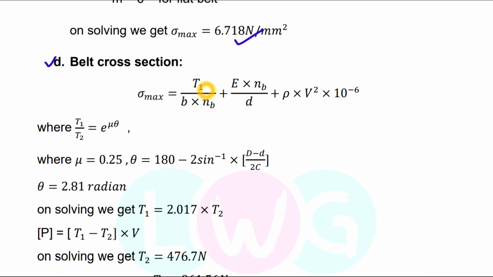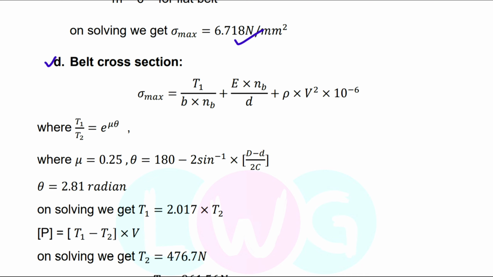Now for T1, there is one formula: T1 upon T2 is equal to e raised to μθ. Here the μ value will be 0.25, and for theta there is one formula, which is θ = 180 − 2 sin⁻¹((D − d) / 2C). Capital D is for the driven pulley and small d is for the driving pulley. Put all the values we have calculated before.